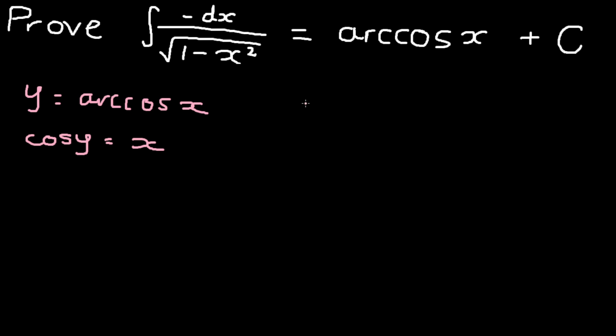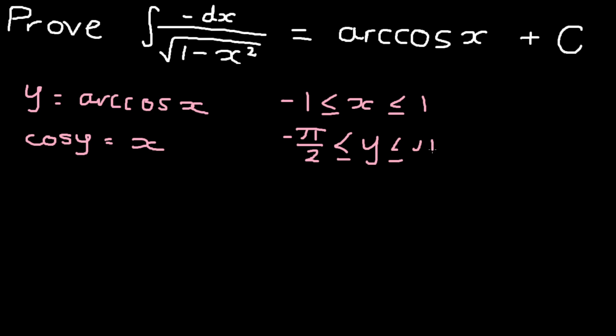And let's bear in mind here, x is the cosine of y, which means that x is bounded by essentially -1 and 1, and y is bounded by pi over 2 and -pi over 2 because of the arccosine function's range. Let's bear this in mind.